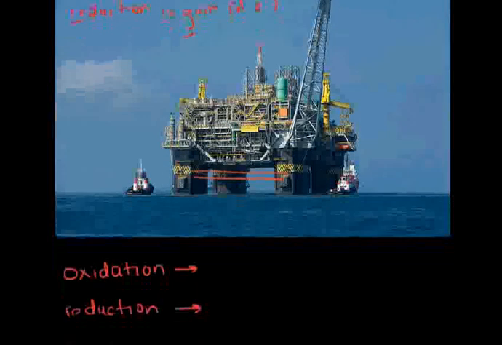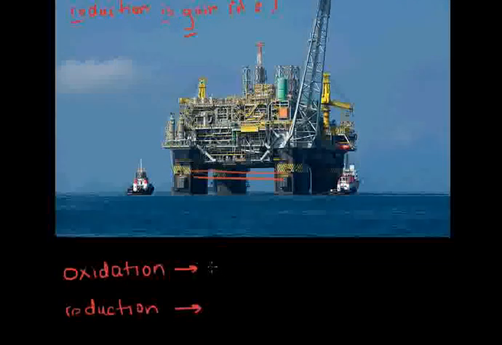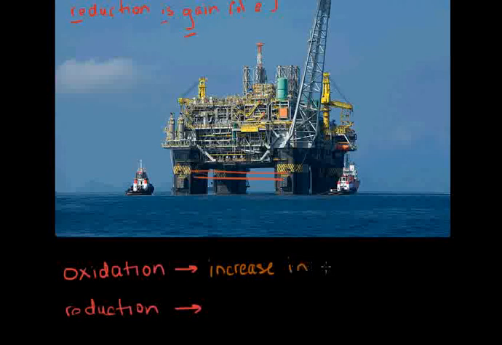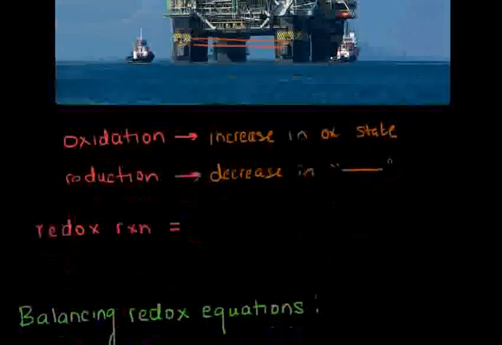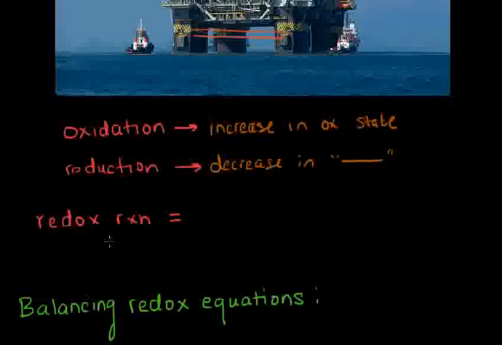And just to summarize what we just said, oxidation is an increase in oxidation state, while reduction is a decrease in oxidation state. It's a gain in electrons, but a decrease in oxidation state. And now we're ready to define what a redox reaction is.